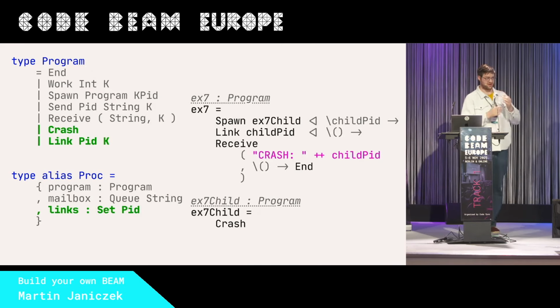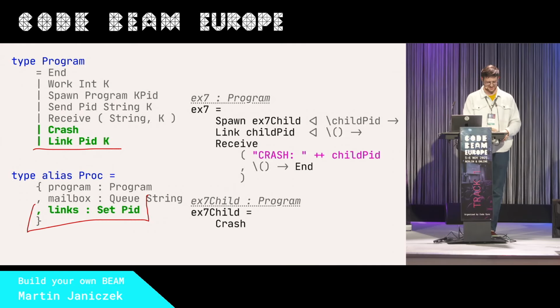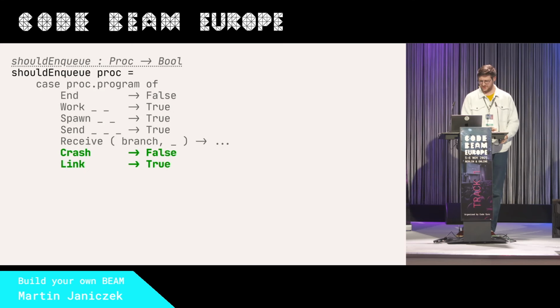There are also monitors, which are one-directional, but I'm going to do the bidirectional links. And so here you have how we will do this. So when you link to a PID, that process will now hold your PID in its links set. That should be straightforward enough. There's not much to say about this function because link is something you want to do. Crash is like there's no more work to be done.